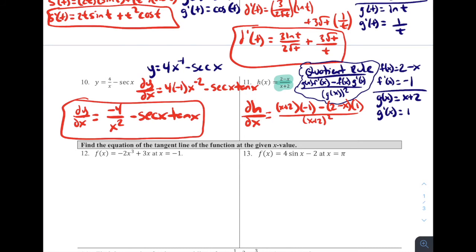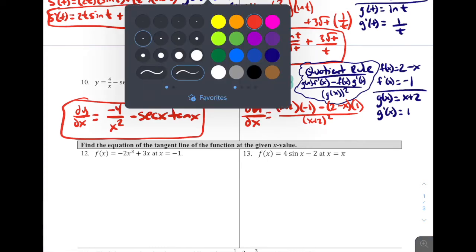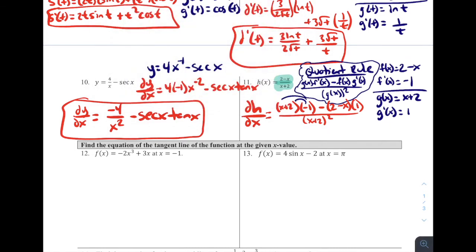Now, we can do a couple different things to try to simplify. I would make sure first that we distribute that negative 1 to both of these terms, and then that we distribute this negative to both of these terms. If we do that, we're going to get a negative x minus 2, and then a minus another 2 plus x, and then that's going to be divided by x plus 2 quantity squared.